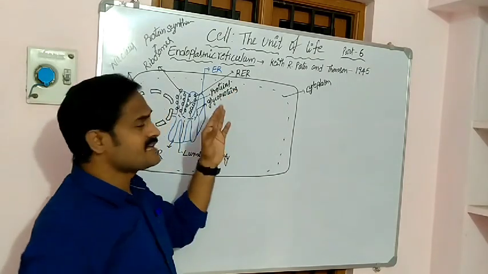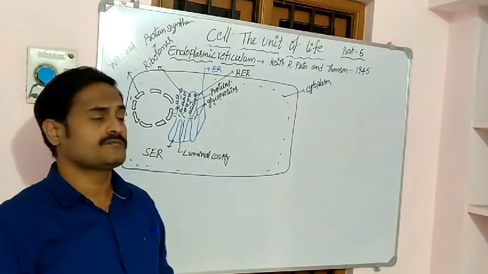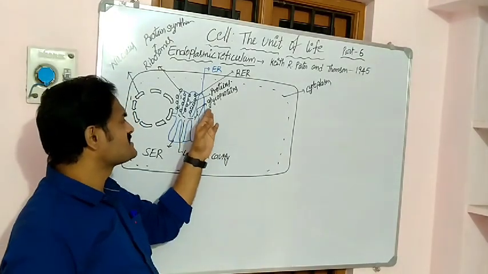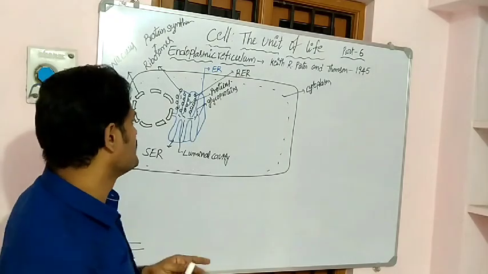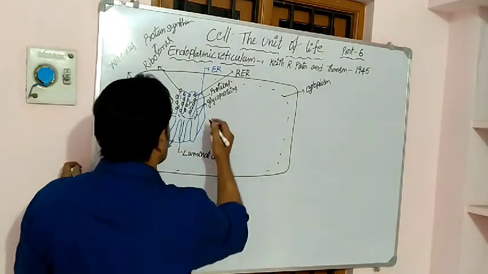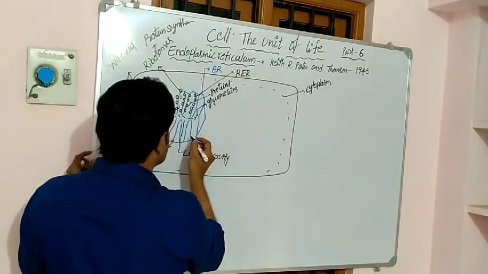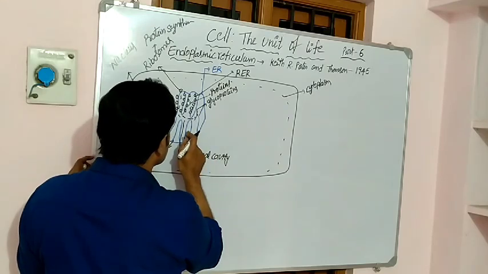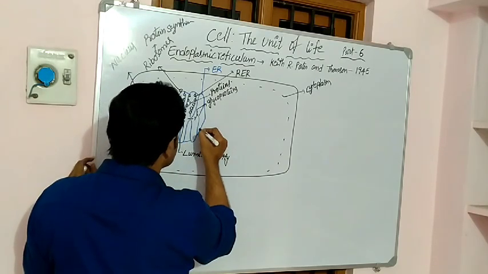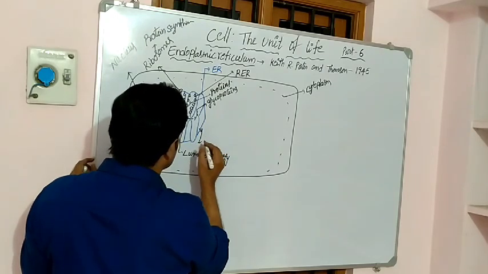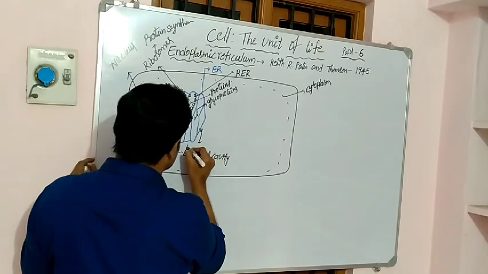Like that, some modification takes place in the endoplasmic reticulum. Then the outer side, this is the outermost part of the endoplasmic reticulum, this space is called the extraluminal cavity. This is called what?